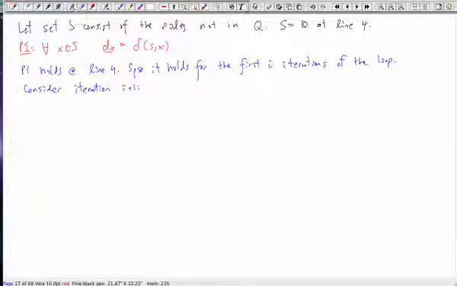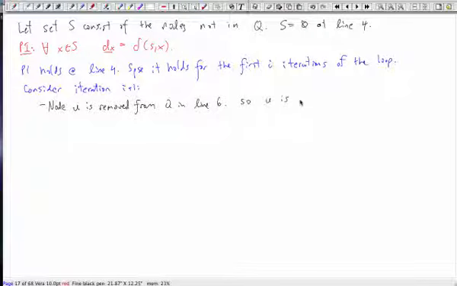Now what is true at this iteration? Node U is removed from Q in line 6. U is the only node that is added to S in this iteration of this loop.